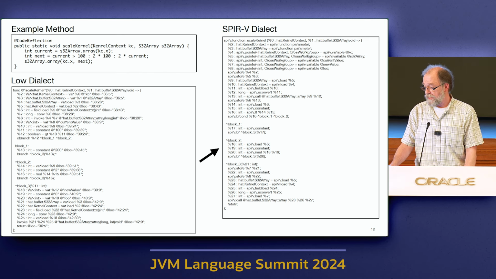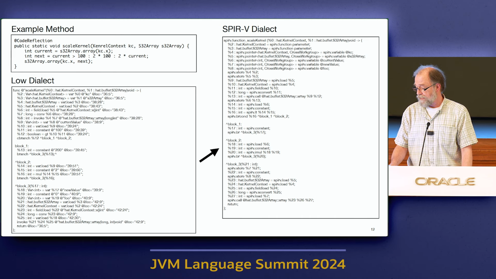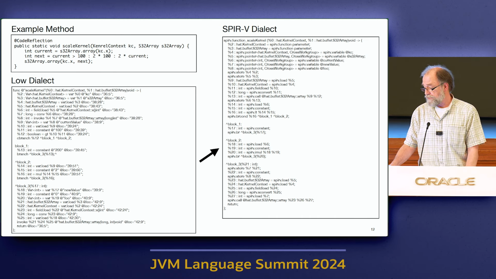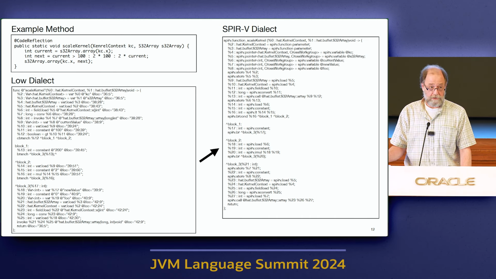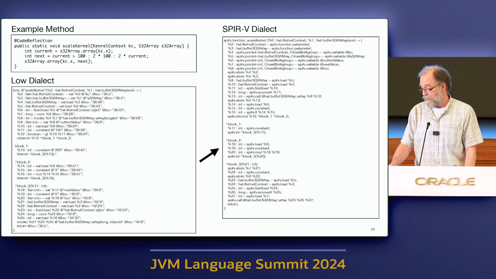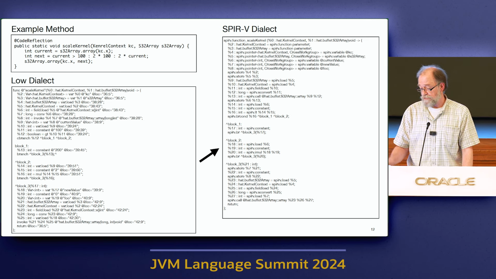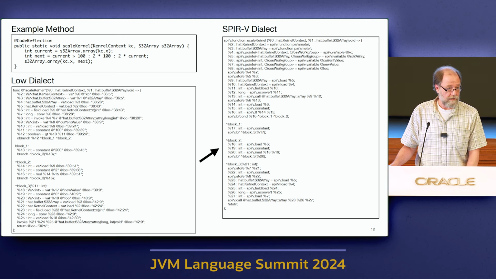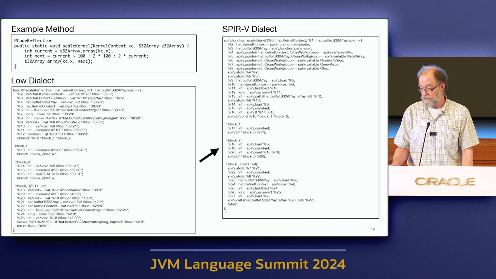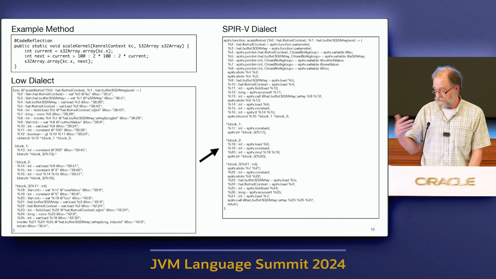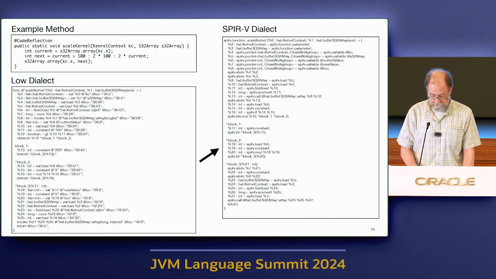So we've translated that to the right-hand side. It looks very similar. You see the variables are moved to the top. We're using the pointer types up there. And that's the first rendition of a SPIR-V dialect, the translation from the low dialect of code reflection to a SPIR-V dialect of code reflection.